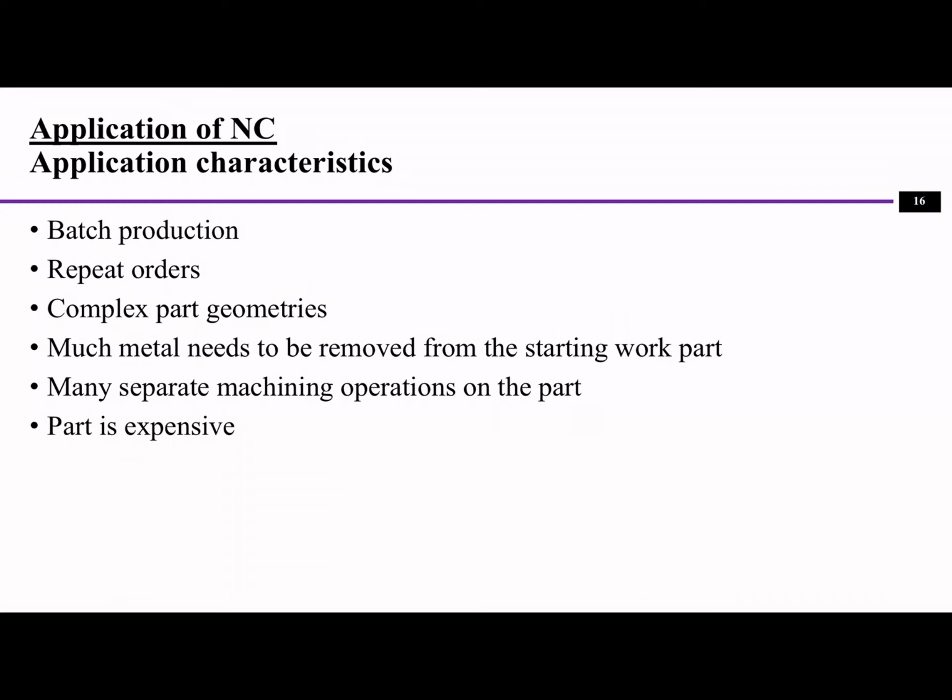CNC machines can also do complex part geometries that we can program in a computer system first, and then just let the machine tool do those. If it is human operating, it might be hard, because it might take a long time, and it's also hard to control the accuracy, or it may not be very consistent with human eyes.